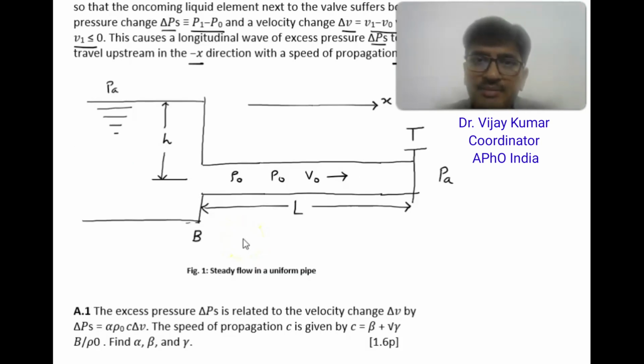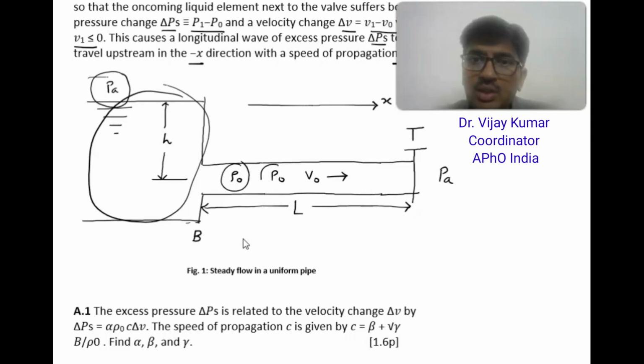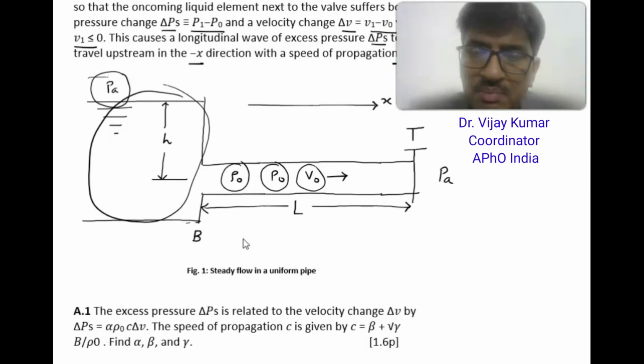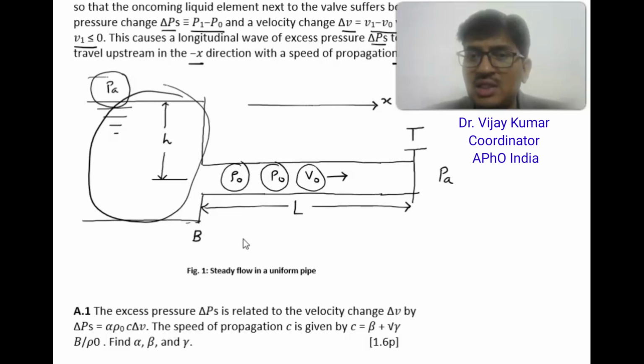This is the diagram, and this part represents the reservoir, and Pa represents the atmospheric pressure. Rho naught, P naught, and V naught are the density, pressure, and velocity of the liquid in the initial stage, when the liquid is going towards the T point.